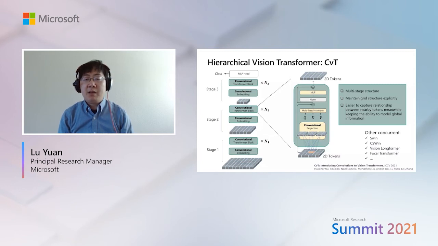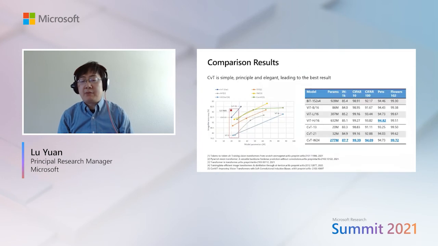Meanwhile, some similar architectures like Swin, Vision Longformer, CSwin, and Focal Transformer emerged and demonstrate remarkable improvement over vanilla vision transformer and CNN models in diverse vision tasks. Here we show some key results.